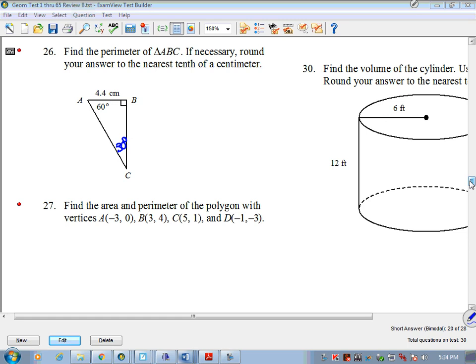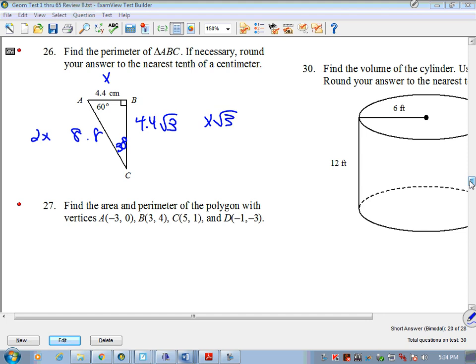Then, if I don't want to get this wrong, 4.4 times 2 is 8.8, and this is 4.4 radical 3, because this is x, 2x, x times radical 3.